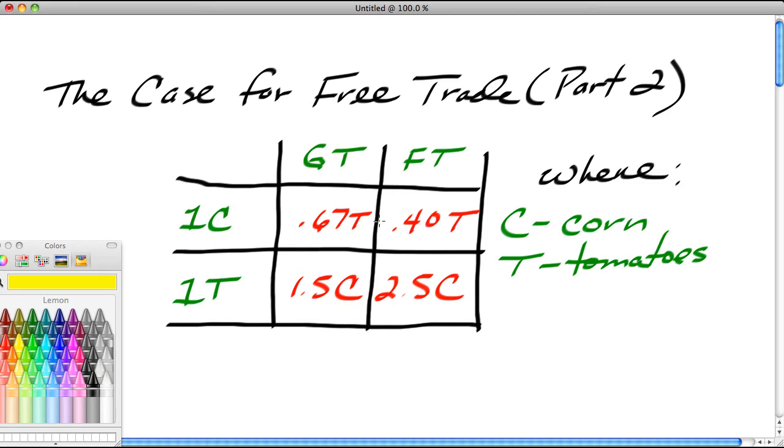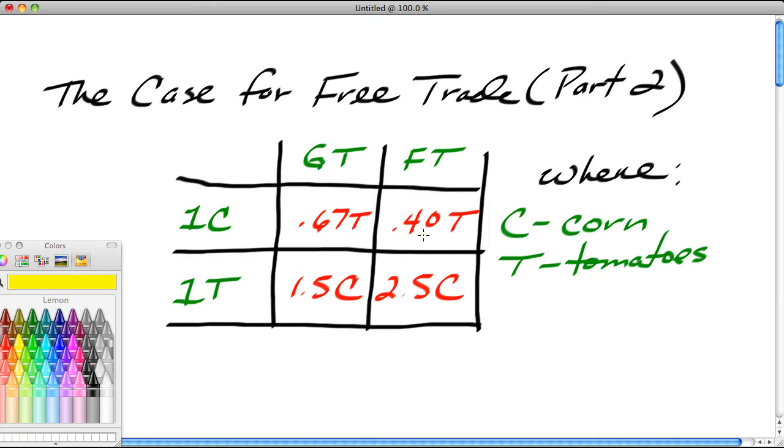And what we see here in this table is cost. These numbers in red are cost figures, and they tell us what corn or tomato costs if produced by a particular producer. If you recall, we learned that Five-Thumb produces corn at a lower opportunity cost than Greenthumb does.